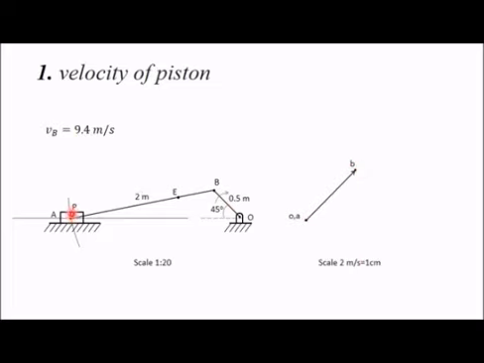Now we know that the velocity of point P with respect to B will be perpendicular to PB, and it also passes through point B. So from B, draw a line perpendicular to PB. On this line you will get point P. At the same time, point P is moving with respect to fixed point A in the horizontal direction.